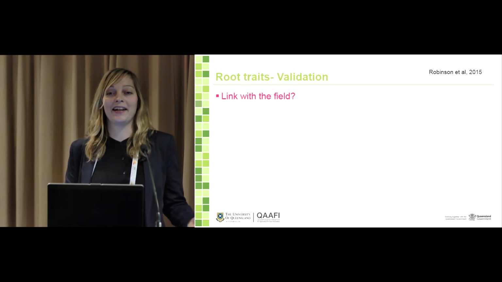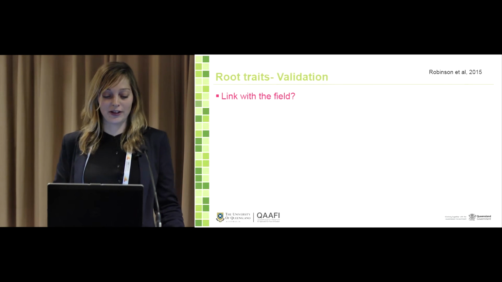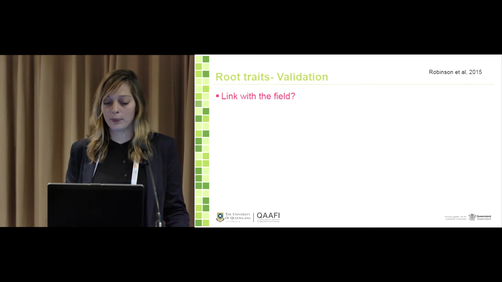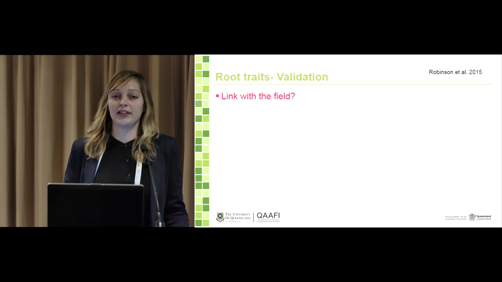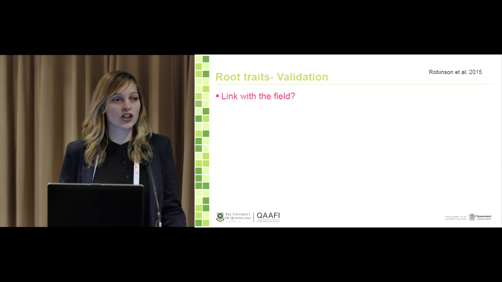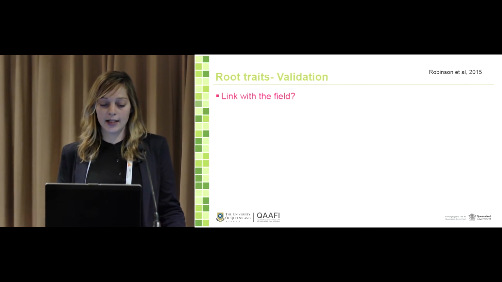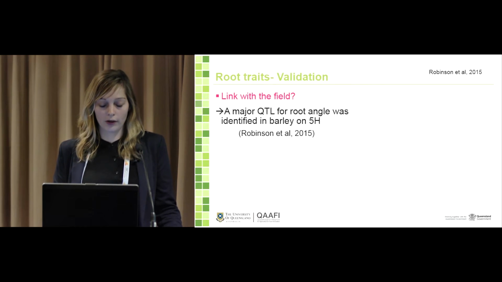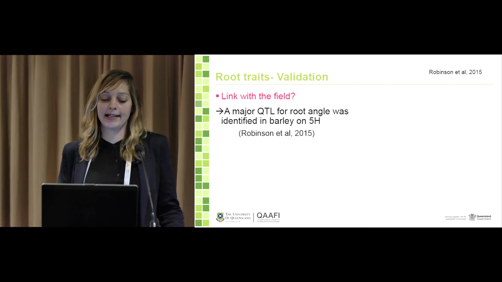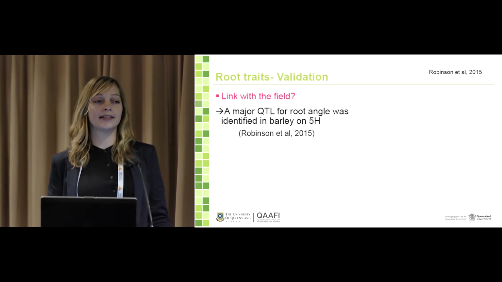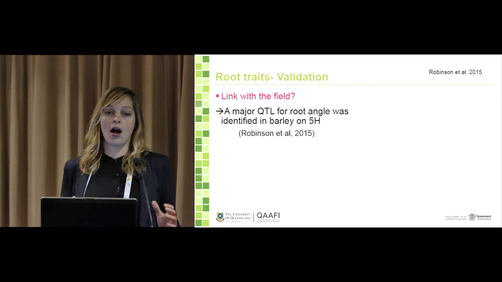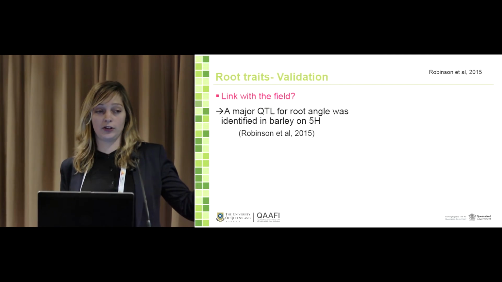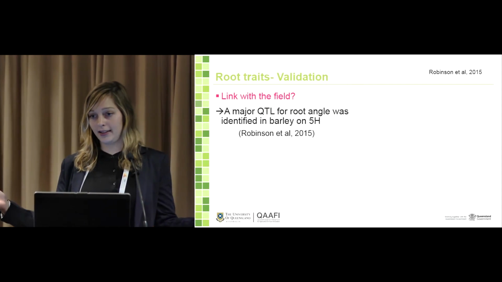So yeah, I had the question about the link with the field. As I said, we don't know yet as part of my PhD, but one of our PhD students, Hannah Robinson, is working with barley, and she identified a major QTL for root angle on chromosome 5H. She had this population, and some of the lines were carrying the peak marker for this QTL, and some didn't.